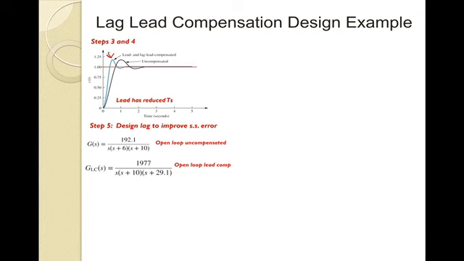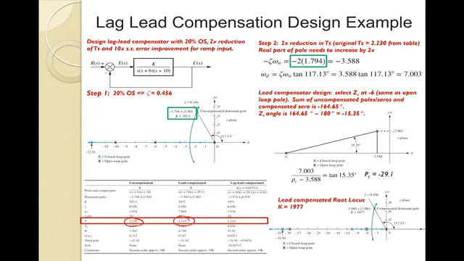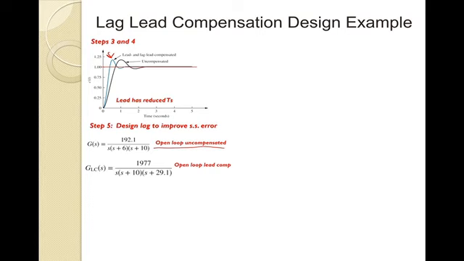Okay, so this was our original open loop uncompensated system, with the gain of 192.1, and that was this one right here. So the 192.1 we had found previously, and then once we include our open loop lead compensator, notice that we canceled out that term, and we basically had this other pole, and then the gain went up to just under 2,000.